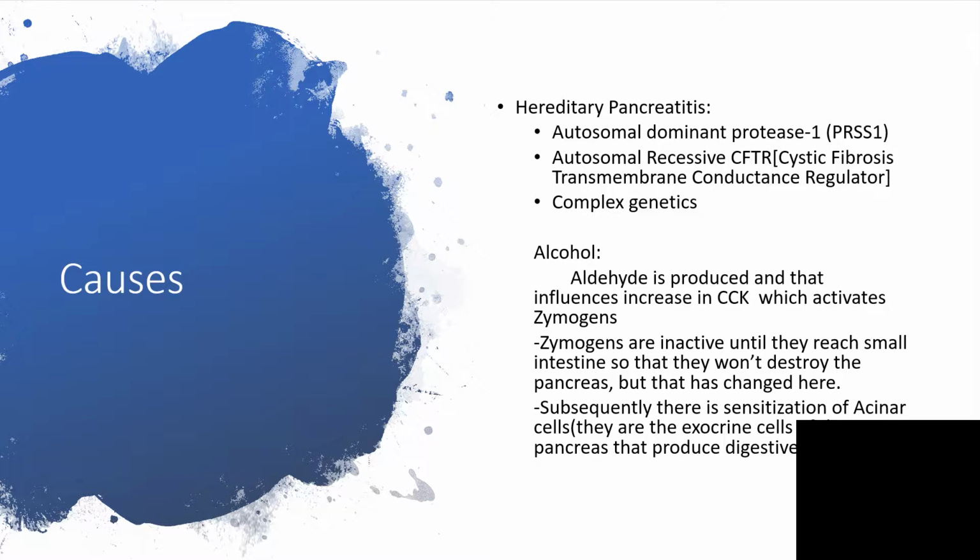But in case of autosomal recessive cystic fibrosis transmembrane conductance regulator, there is that need for both parents to be carriers before they can produce homozygous alleles that will manifest phenotypically in the offspring.